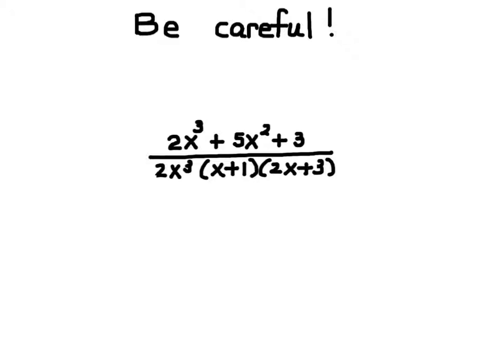This 2x cubed, that's a term. Remember, we add terms. So 2x cubed is a term, and 5x squared is a term, and 3 is also a term. In the denominator, we have factors. We multiply factors.